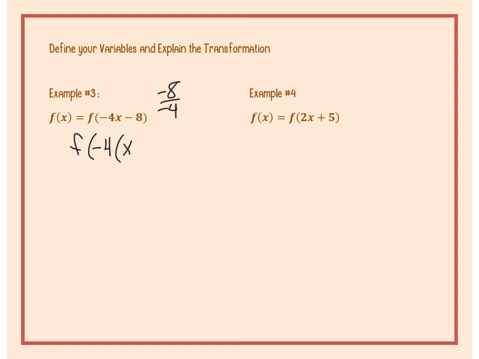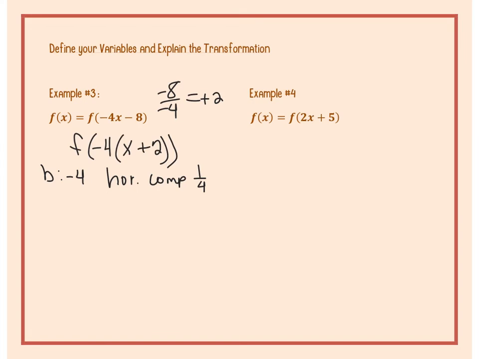It equals a positive 2. So I'm going to put a positive 2 here. So again, I'm factoring out the number that's in front of my x. This means that my B value is a -4, which is a horizontal compression of 1/4.